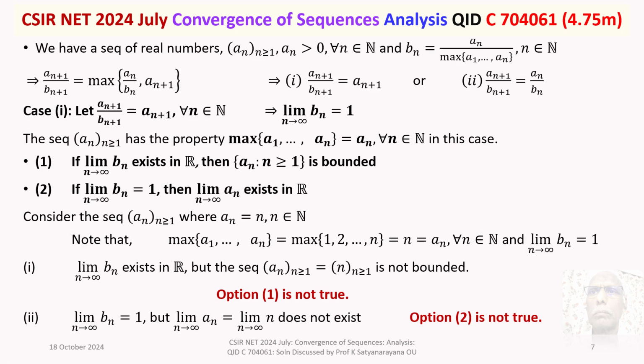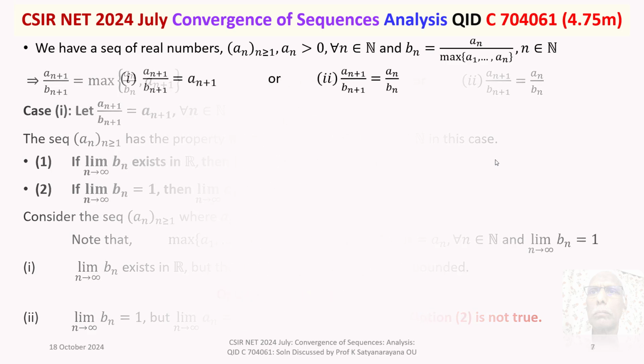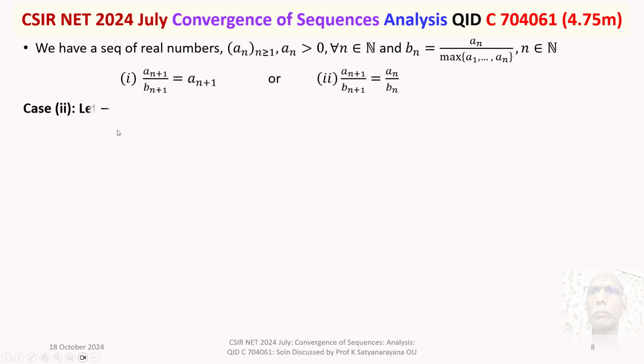Right. We move to the next slide for the second case, case 2. Case 2 is a_{n+1} by b_{n+1} is equal to a_n by b_n for all n belongs to N. Now a_{n+1} by b_{n+1} is equal to a_n by b_n.